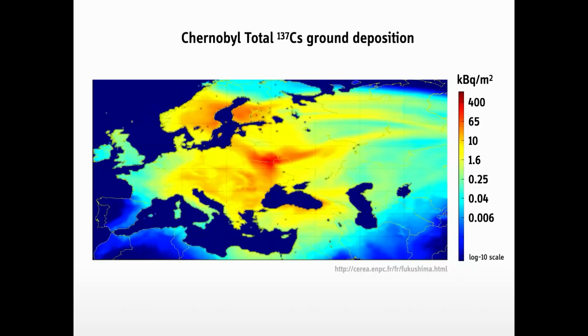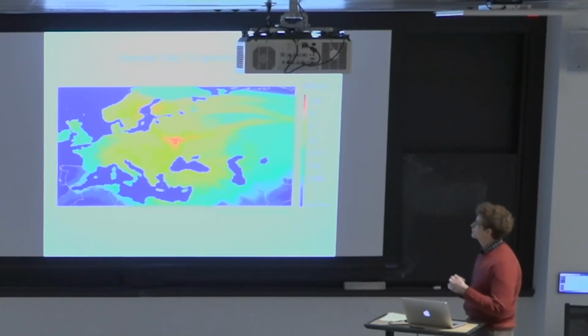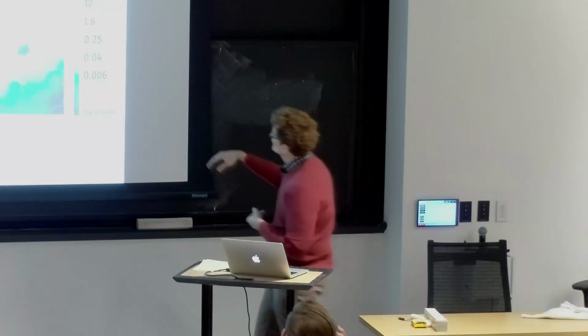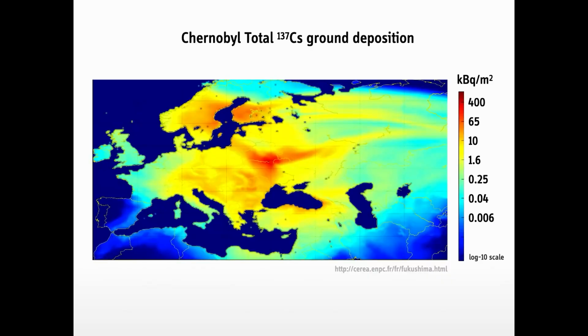This is the contamination as calculated by the French. I think this is IRSN, across Europe. 75% of the total release is estimated to have been deposited on land somewhere in the world. And this is a log scale, so it's a little bit tricky to interpret.